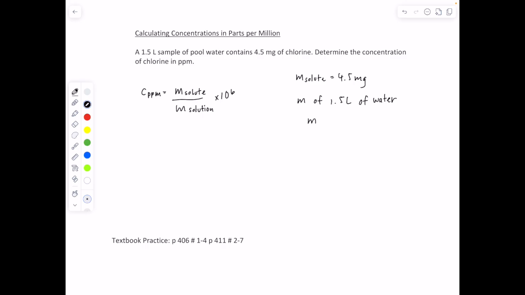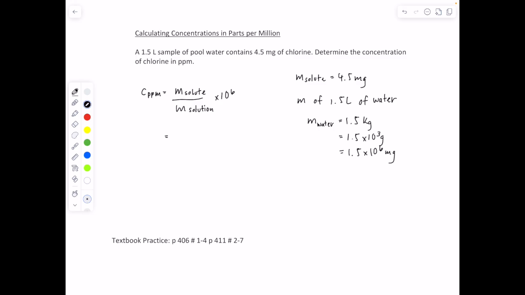The mass of 1.5 liters of water is 1.5 kilograms, or 1.5 times 10 to the power of 3 grams, or 1.5 times 10 to the power of 6 milligrams.